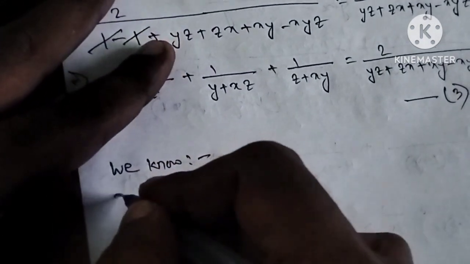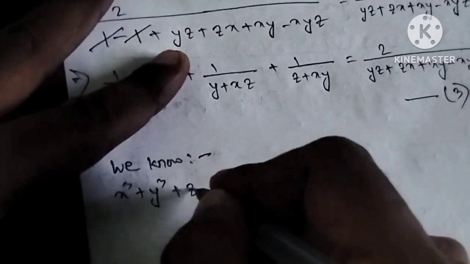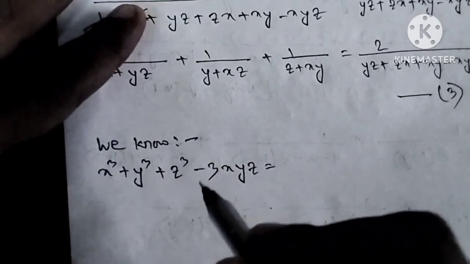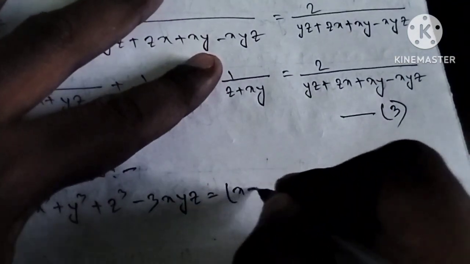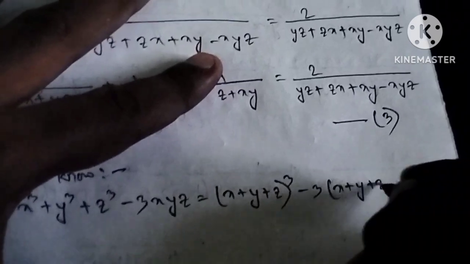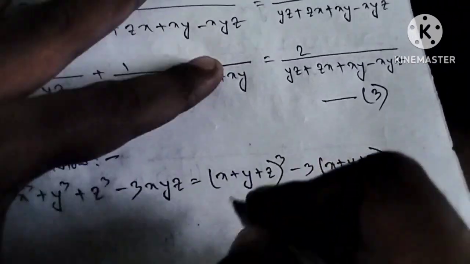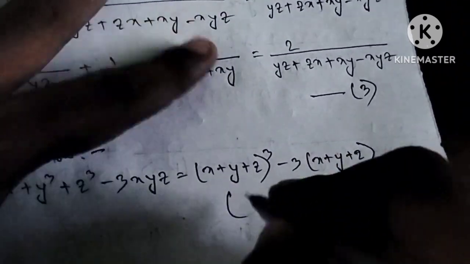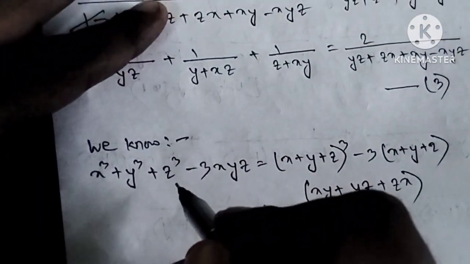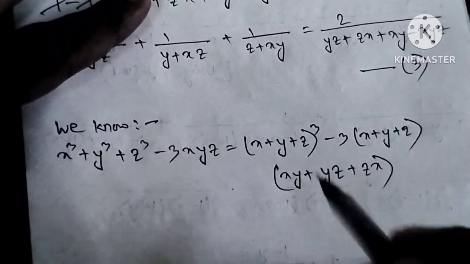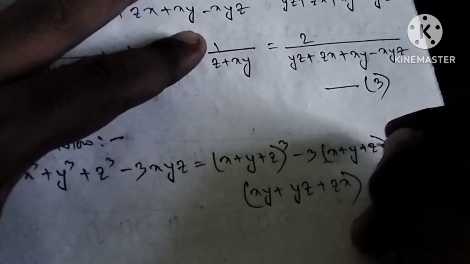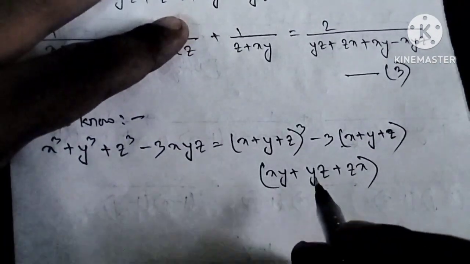Now I'll write a formula: x cube plus y cube plus z cube minus 3xyz is equal to x plus y plus z whole cube minus 3 into x plus y plus z into xy plus yz plus zx. Okay, and into xy plus yz plus zx.